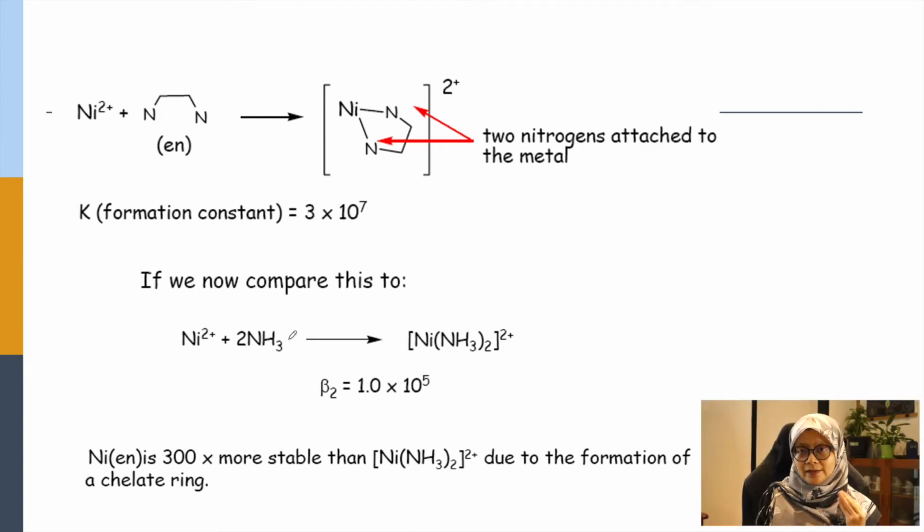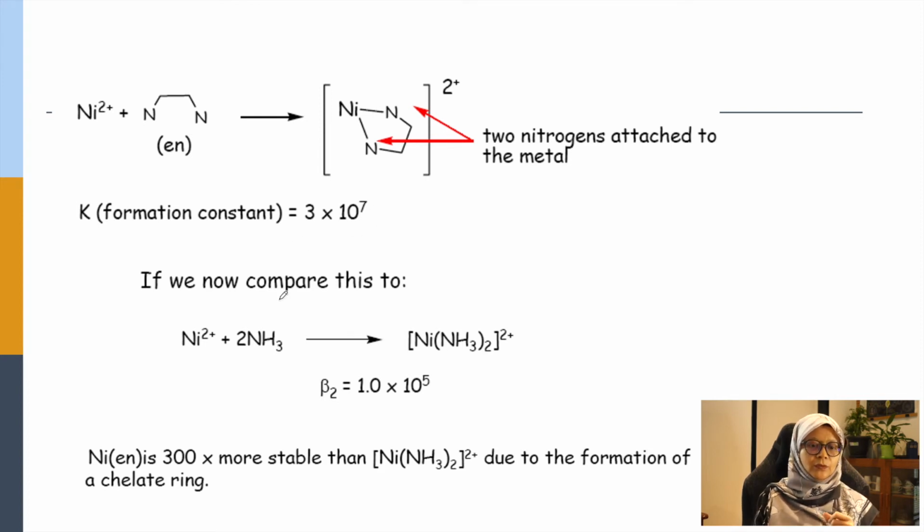Another example, if we compare the first reaction with the second reaction: nickel 2 plus reacts with 2 ammonia to form this complex ion, and the beta 2 here is 1 times 10 to the power of 5, which is much smaller compared to the first reaction.